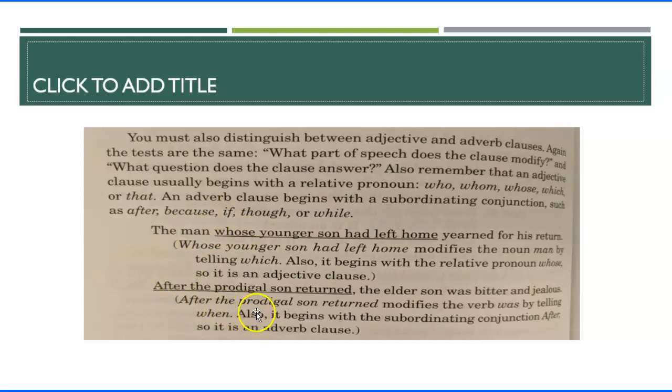Then here, after the prodigal son returned, the elder son was bitter and jealous. So after the son returned modifies the verb by telling us when. When did the boy get jealous? After. And don't forget, you've got this word, the subordinating conjunction, that is introducing that clause.